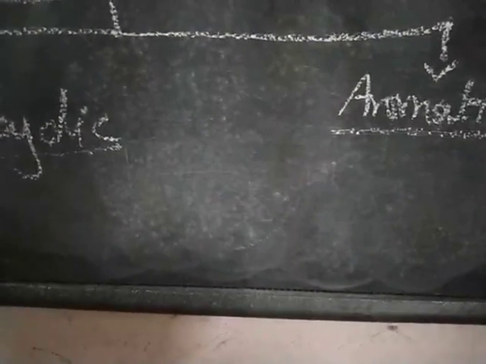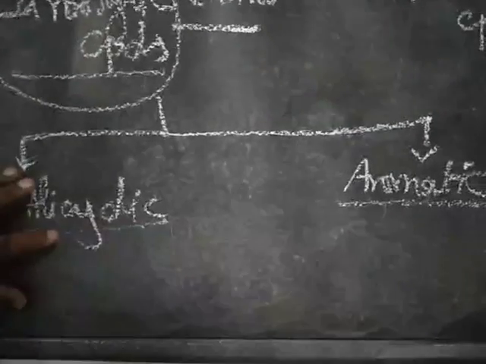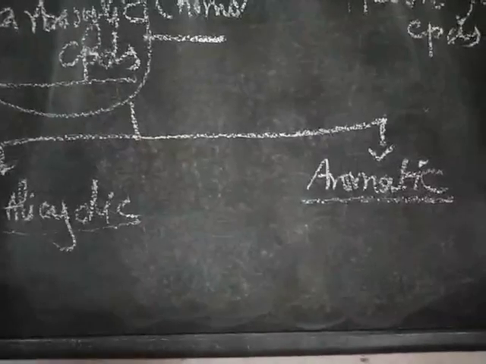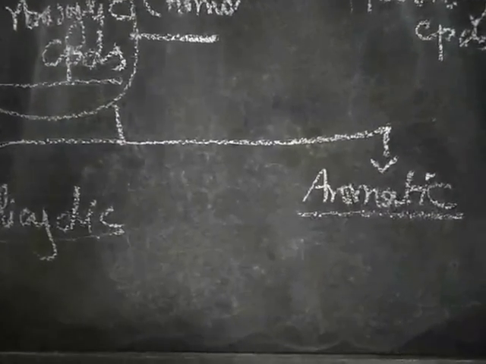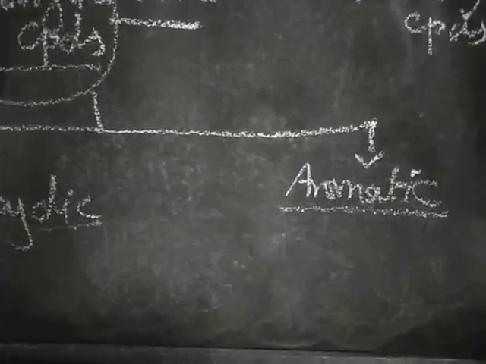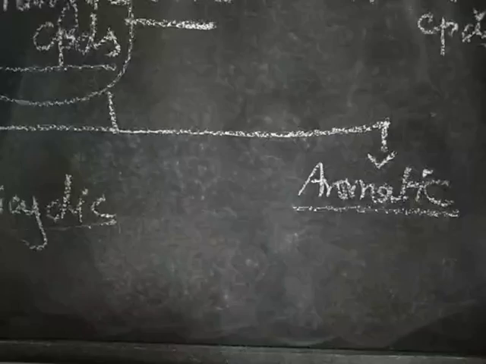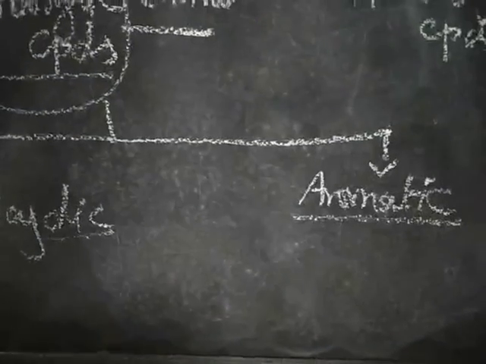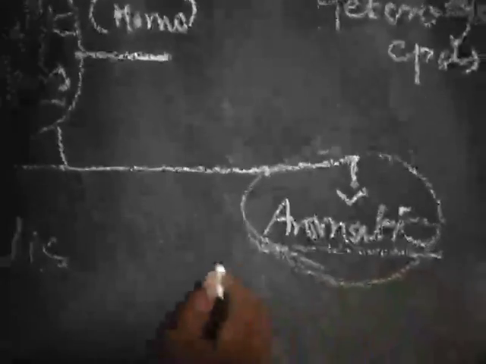But aromatic compounds are unsaturated. Unsaturated means carbon carbon double bond. Aromatic compounds contain one or more benzene rings. Aromatic means benzene ring.